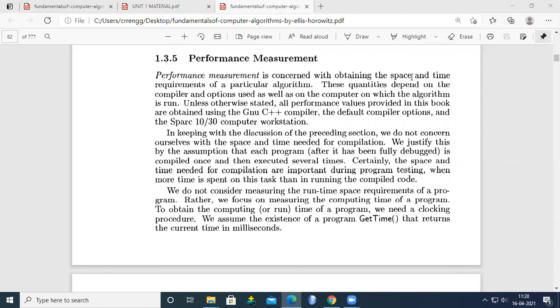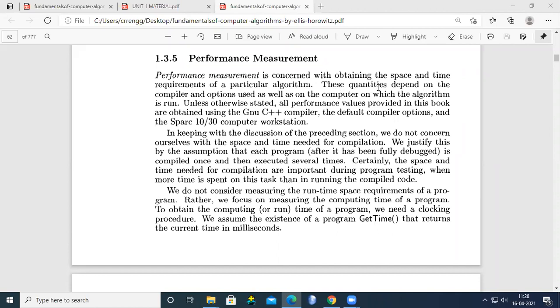We want to store the variables, local variables, the function calling statement, the return statement, and the status, so all these need to be stored. How much memory is needed will be considered in the space complexity.